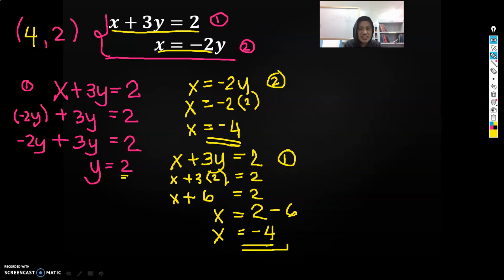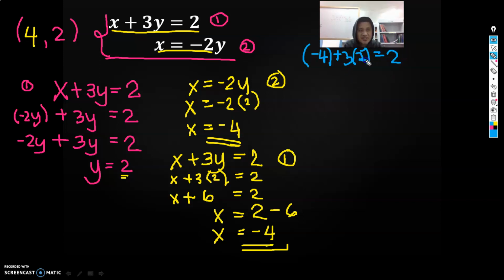Okay, so checking natin. Tingnan natin muna. Okay, palitan natin ng kulay. X plus 3y equals 2. The value of x is negative 4. So negative 4 plus 3 times 2 equals 2.